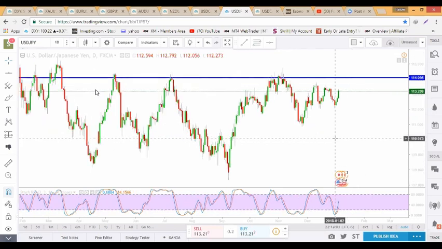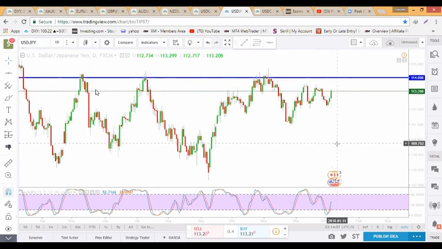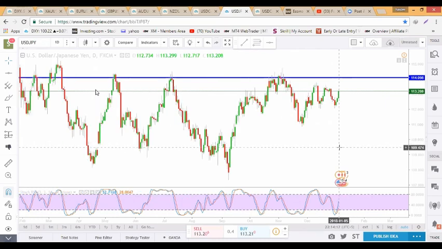Yeah, but what I have seen and noticed is that the Japanese economy is very strong, and they keep the Japanese yen in balance. They don't allow it to go too high or too low.